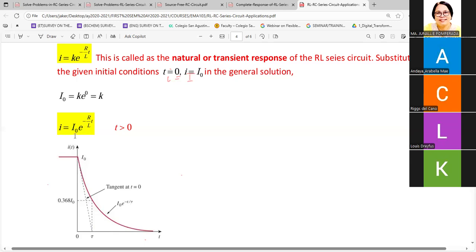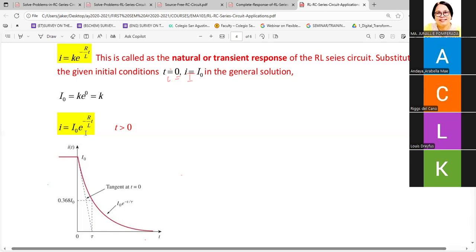Since this is your current, your vertical axis is the current I, and your horizontal axis is the time. So substitute ka lang ng time, and then resolve mo ang current. Then i-connect mo lang ang tanan dots for your current values, and you will produce this particular exponentially decreasing curve.